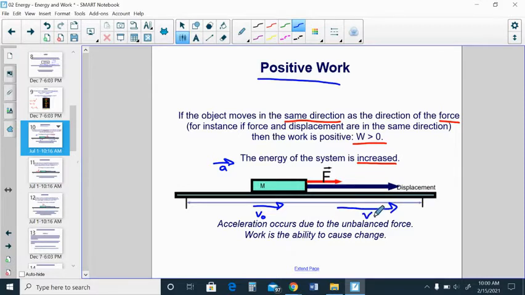So velocity ended up increasing, and that's because work was performed and energy was increased in this system. So in this case, we have our initial energy. We had work done. It's positive. You would end up with a total final energy greater than the initial here.